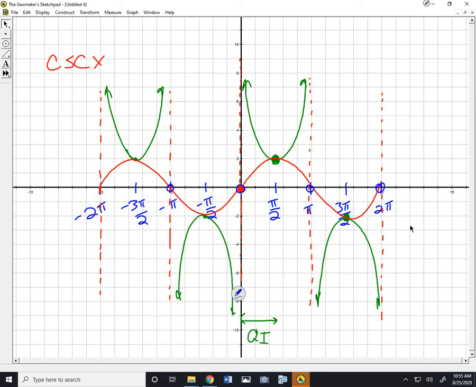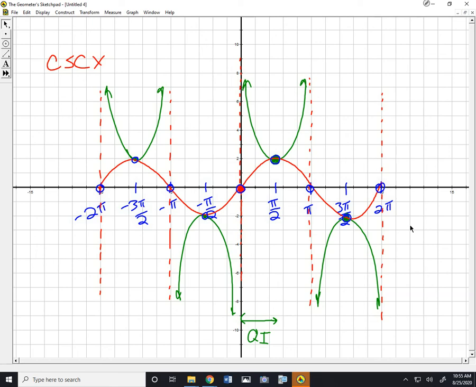So I could graph sine first, and then, out of all those zeros, put my asymptotes. And then everywhere that sine has a max, that's where cosecant will meet it. Everywhere that it has a min, that's where cosecant will meet it. And so you can get those locations for the U-shapes, and then you can draw your U-shapes.